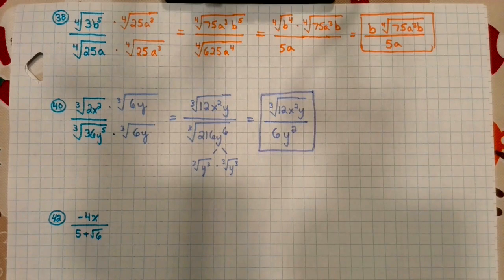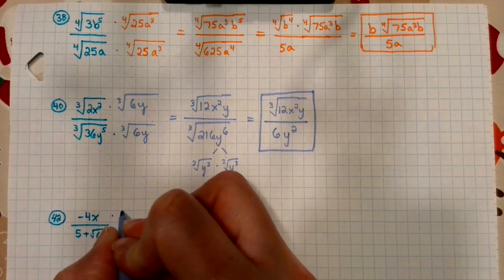For number 42, again, we need to rationalize the denominator, and this one's a little bit different now because we have 2 terms on the bottom instead of just 1. And so to rationalize this denominator, we're going to use almost what you can think of as the opposite. So instead of multiplying by the same thing, 5 plus the square root of 6, we end up multiplying by its conjugate, which is going to be 5 minus the square root of 6.